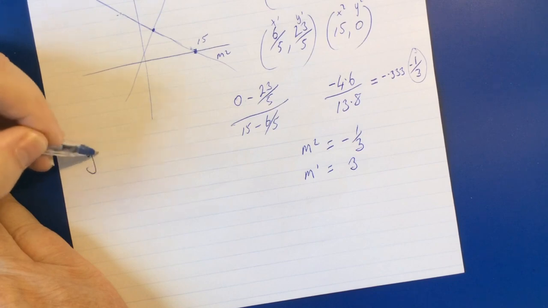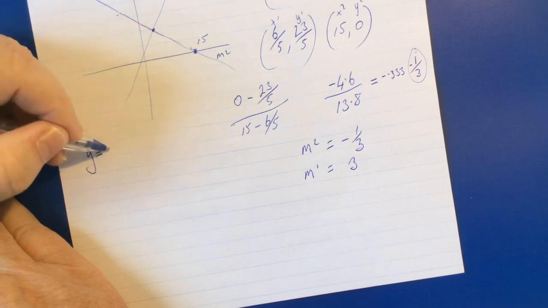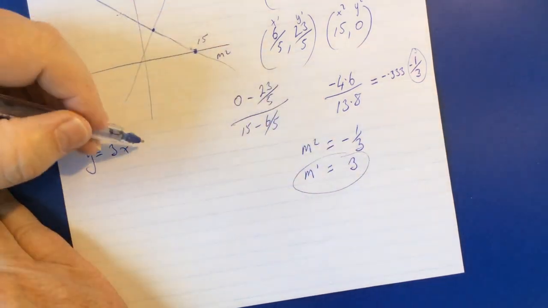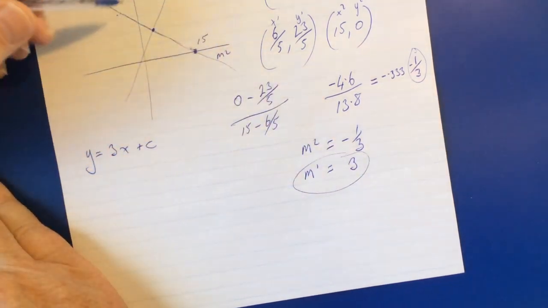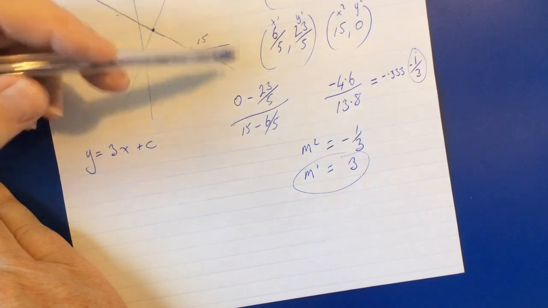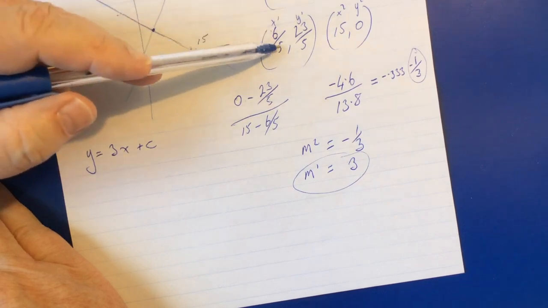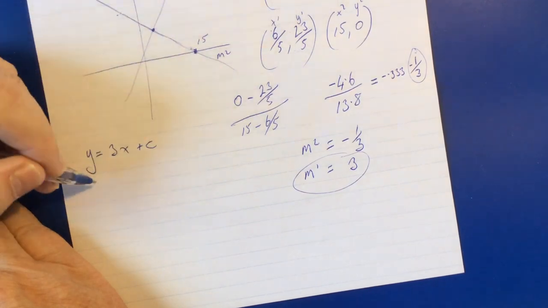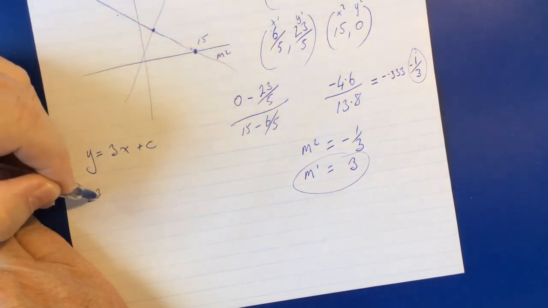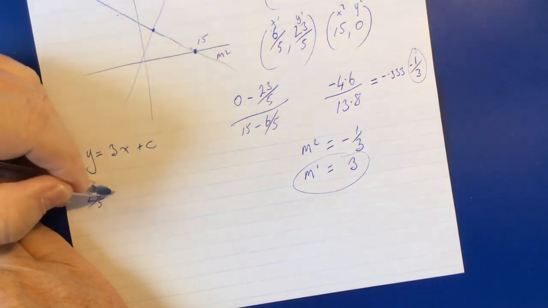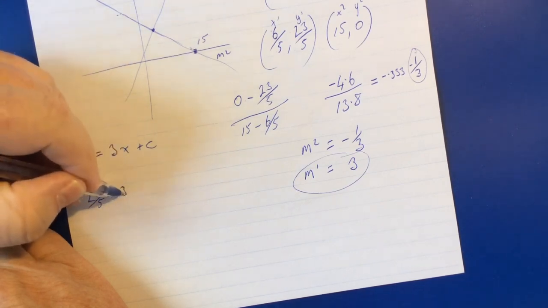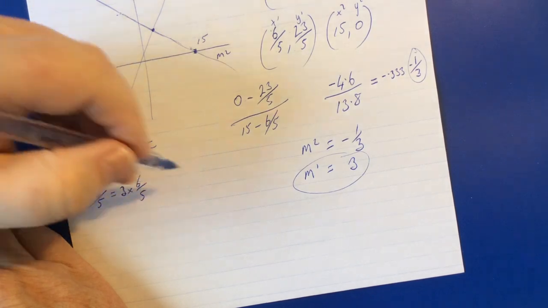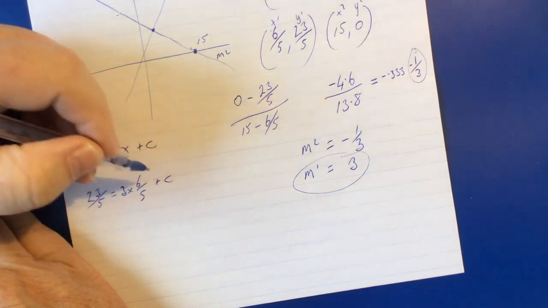Well, we have one equation, which is y equals 3x, we'll take this one first, plus c. And we know that it passes through 6 on 5 and 23 on 5. So 23 on 5 is equal to 3 times 6 on 5 plus c.